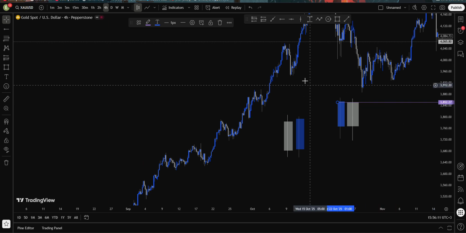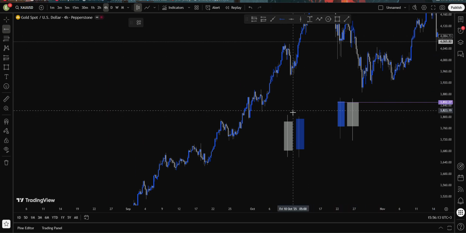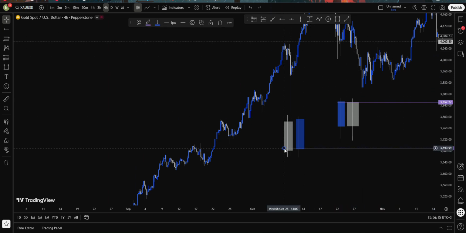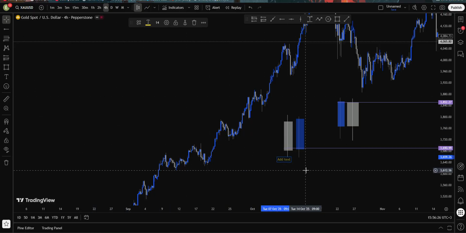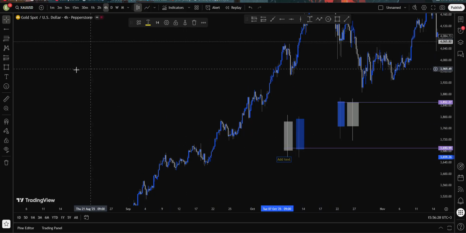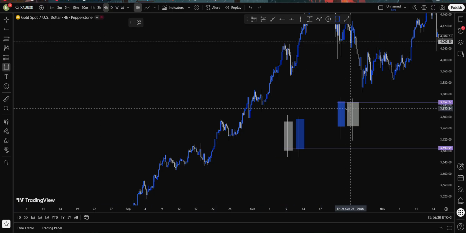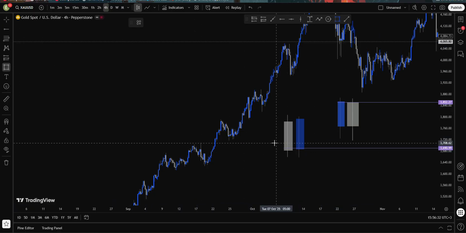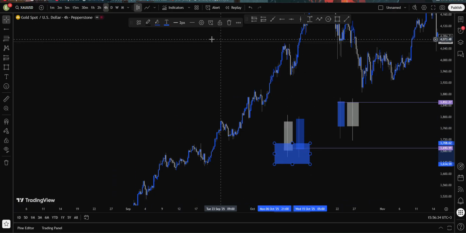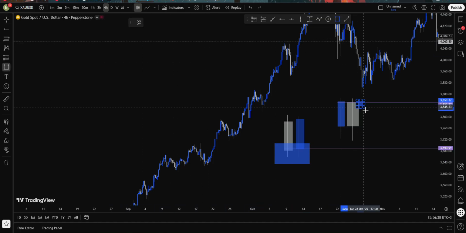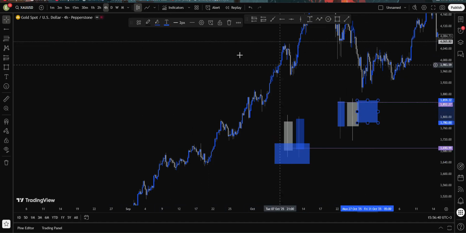In the previous video I showed you how we mark support. This is in a bearish scenario, this is in a bullish scenario, and then this is in the bearish scenario, showing what a resistance zone looks like.